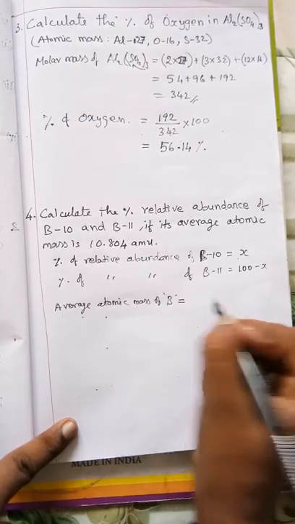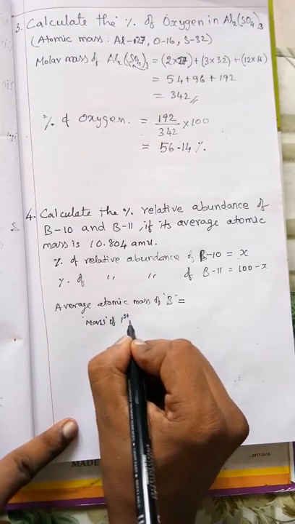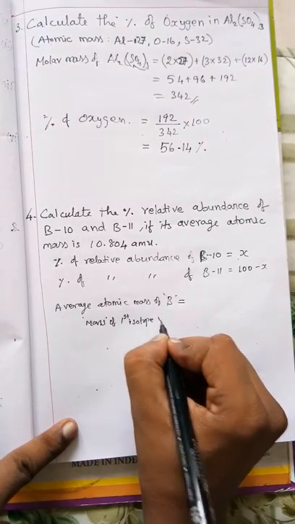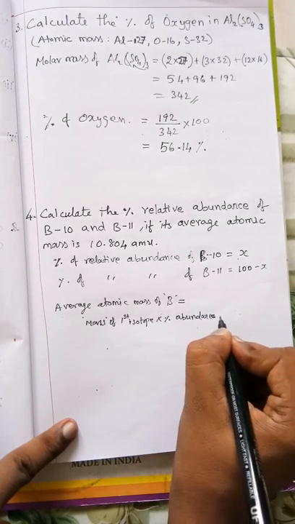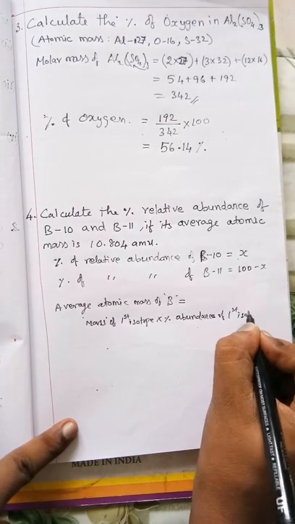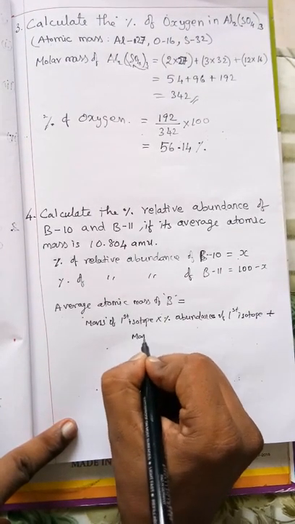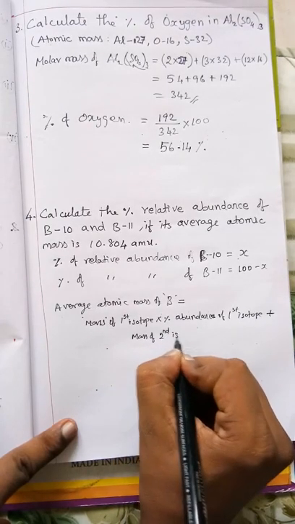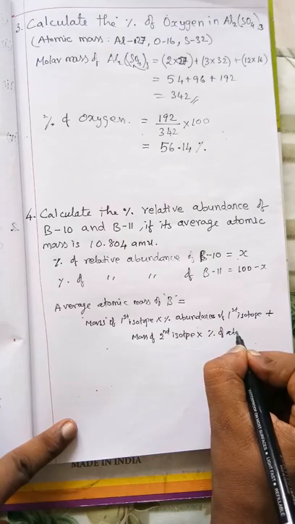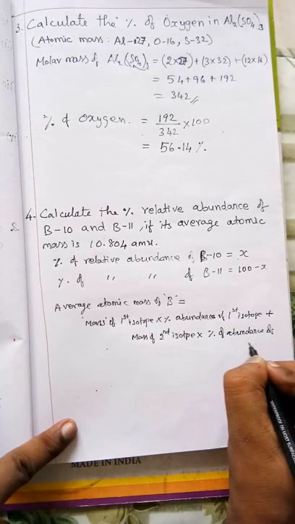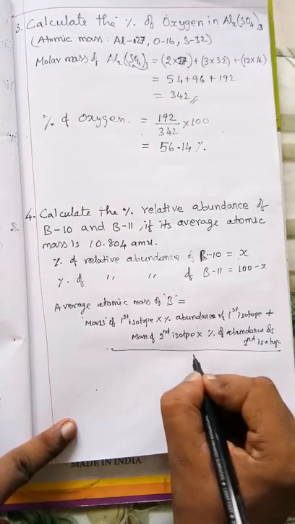The average atomic mass is equal to mass of first isotope into percentage of abundance of first isotope, plus mass of second isotope into percentage of abundance of second isotope, all divided by 100.